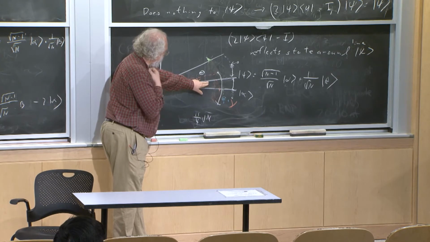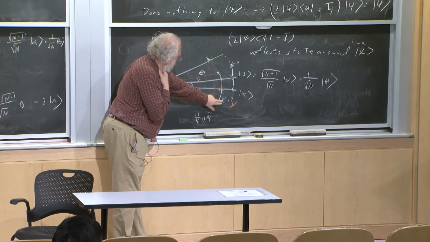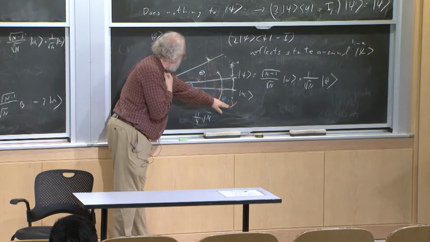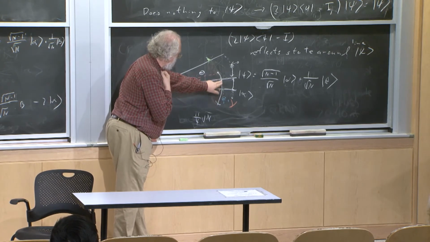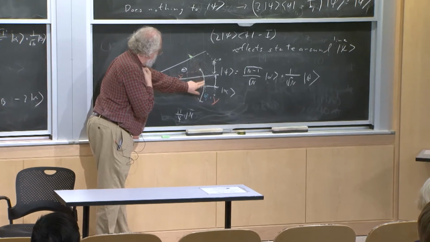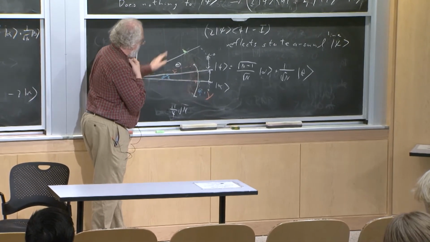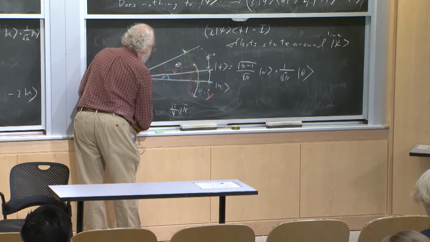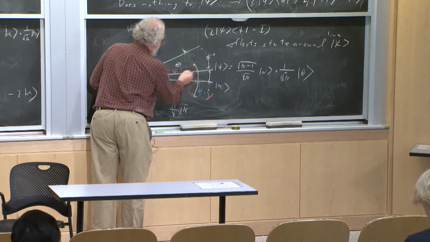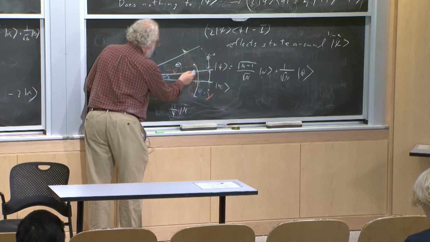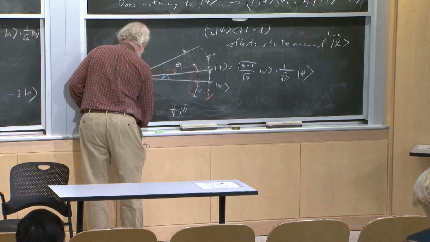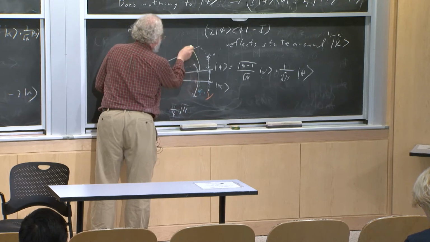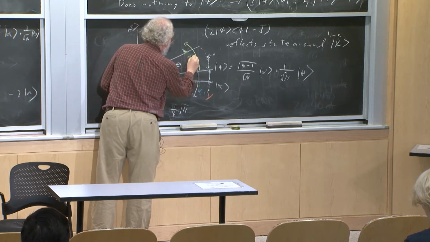Then reflecting around this line, we have an angle of theta plus gamma with respect to this line, so above here it would have to be theta plus gamma.